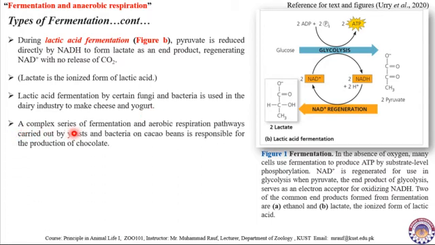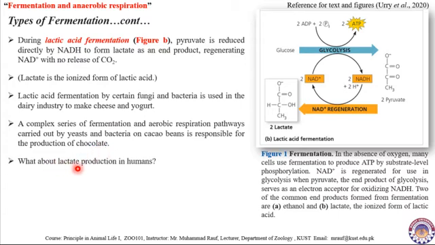A complex series of fermentation and aerobic respiration pathways carried out by yeast and bacteria on cocoa beans is responsible for the production of chocolate. So this process is also involved in the production of chocolate.